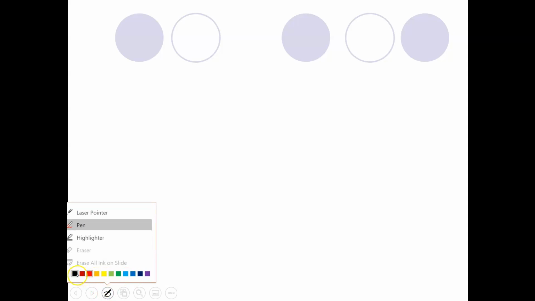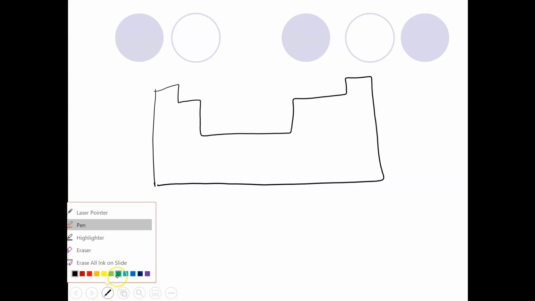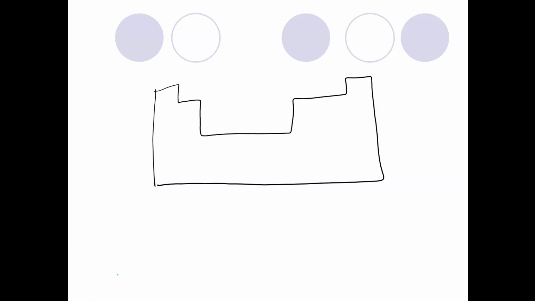So what I want to do here is let's change colors. I'm going to draw a rough sketch of the periodic table. Okay, that's kind of the shape of the periodic table. And as we go through stuff, I'm going to be adding our trends onto this.